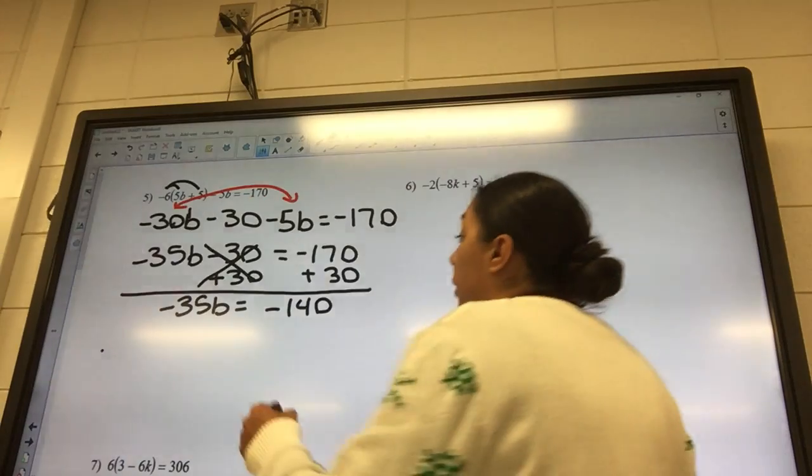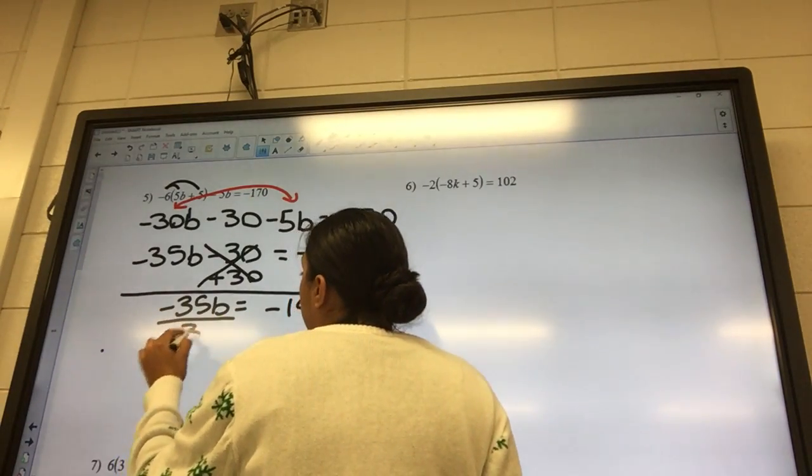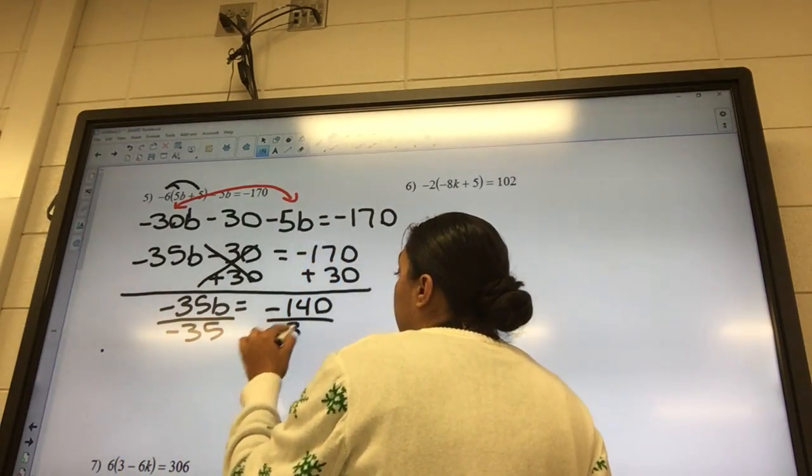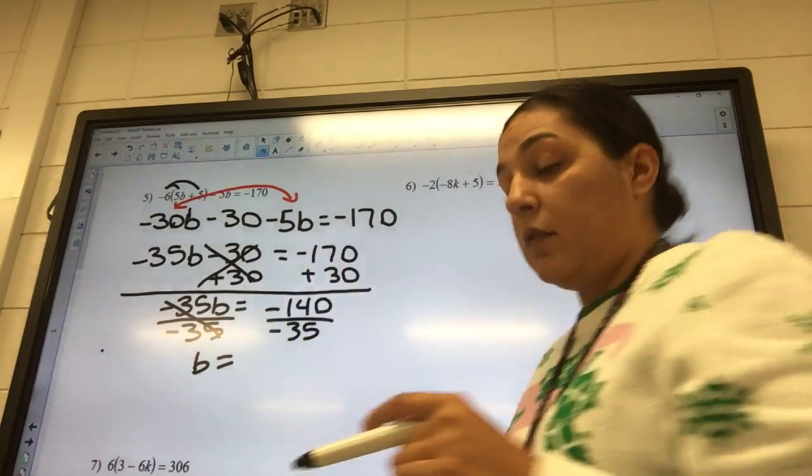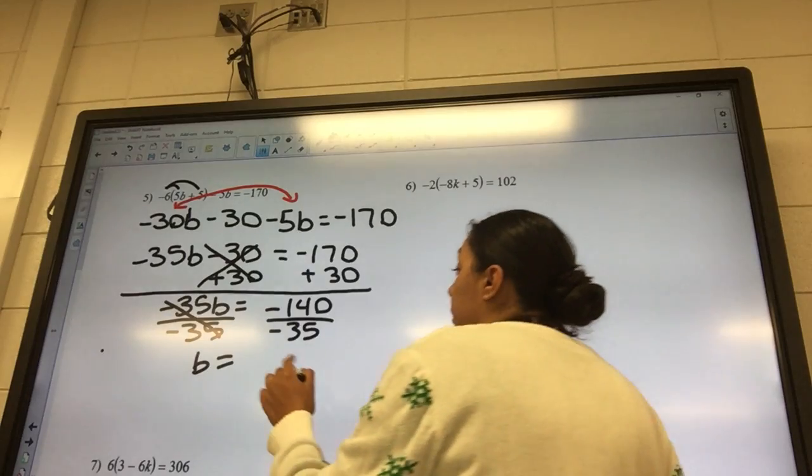And then our last step always is going to be to divide. So I got b equals, it's going to be positive 4.